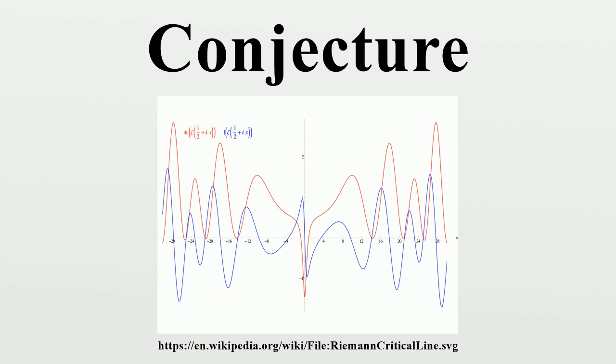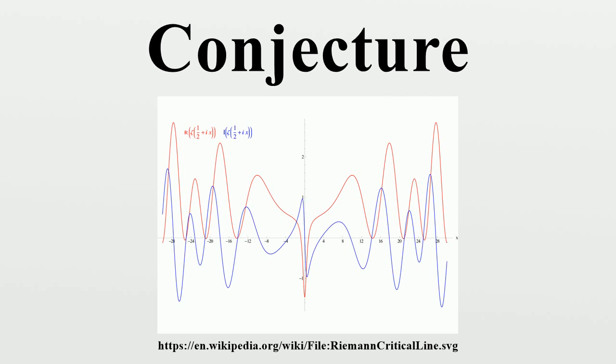Riemann hypothesis in mathematics. The Riemann hypothesis, proposed by Bernhard Riemann, is a conjecture that the non-trivial zeros of the Riemann zeta function all have real part 1/2. The name is also used for some closely related analogues, such as the Riemann hypothesis for curves over finite fields. The Riemann hypothesis implies results about the distribution of prime numbers, along with suitable generalizations.